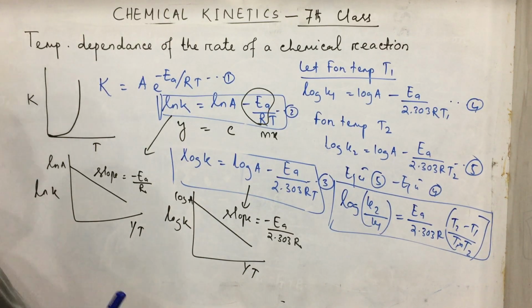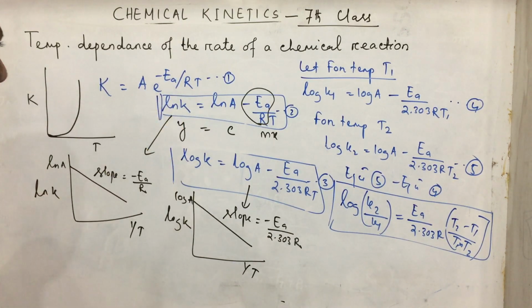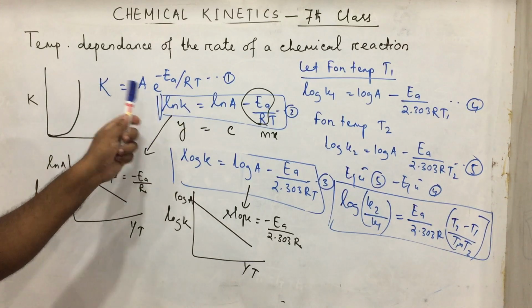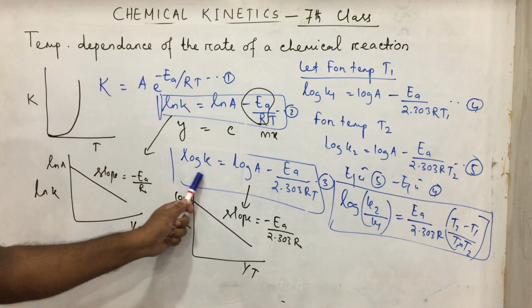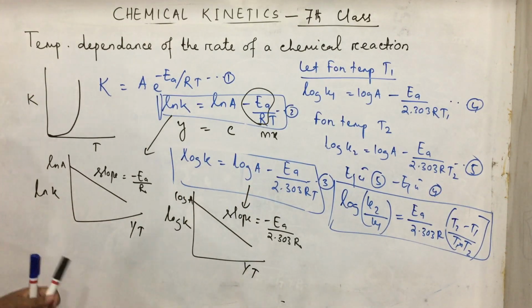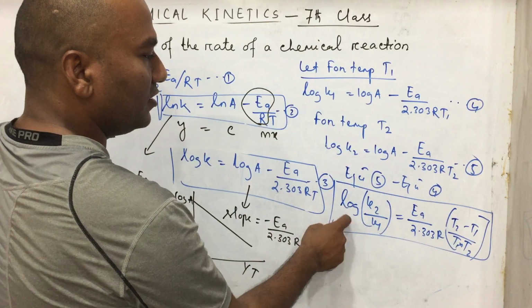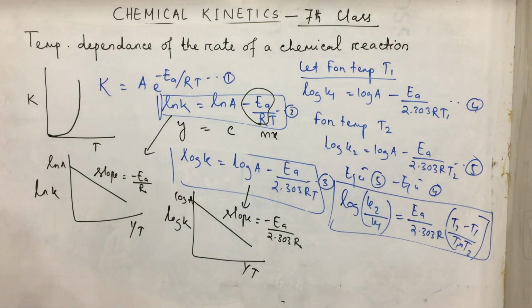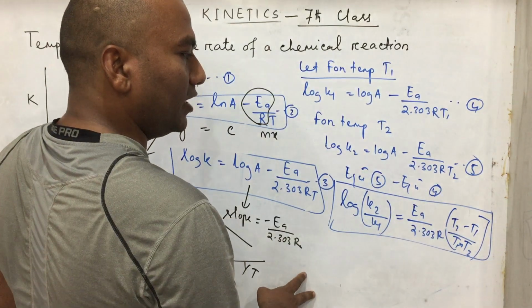So you see, when temperature changes, the rate constant changes exponentially. So equation 1, if you multiply by ln, this is equation 2, converting to log form, this is equation 3. When two different temperatures, then this is the equation: log k2 by k1 equals Ea divided by 2.303 R into (T2 minus T1) by (T1 into T2).